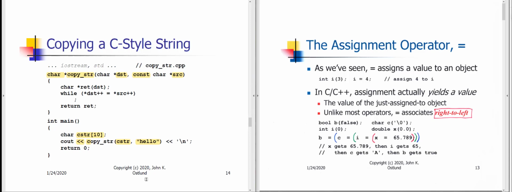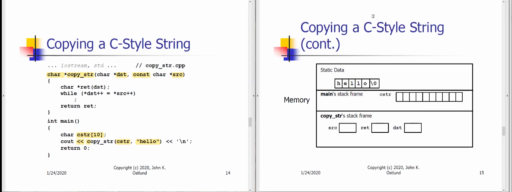Whew. All right, so how is all this going to work? Well, let's take a look at a diagram of this thing. Here on slide 15 is a diagram of what's going on in memory when we run this program. When we first run the program, the string literal hello gets allocated in the static data area and initialized with the 6 char values, little h, little e, little l, little l, little o, and null.